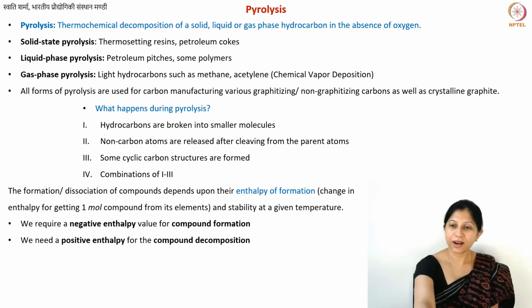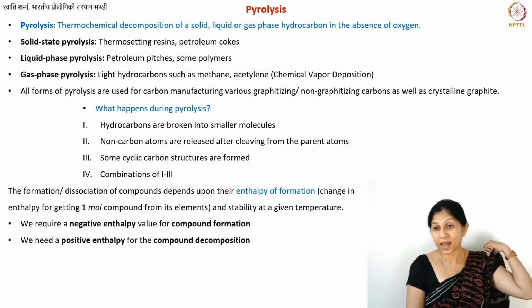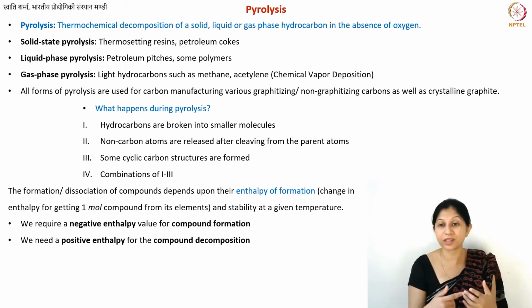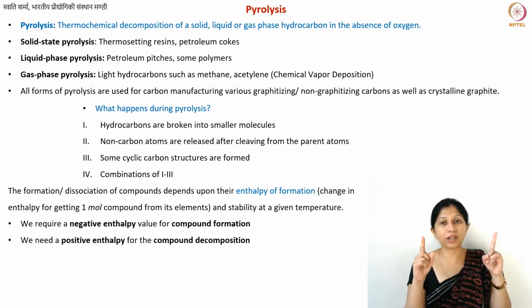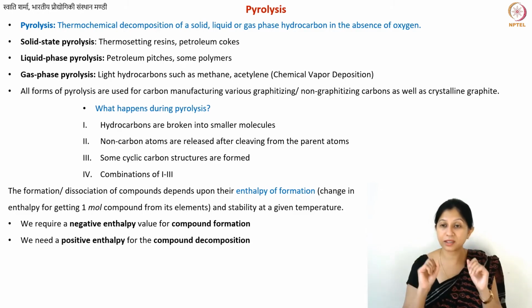However, what happens if I take methane itself as my starting material? In that case, if I'm talking about the pyrolysis of a gaseous hydrocarbon, I will have to figure out the temperature where the enthalpy of methane formation becomes positive.